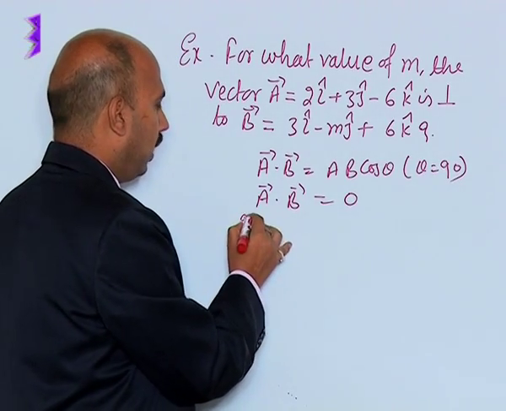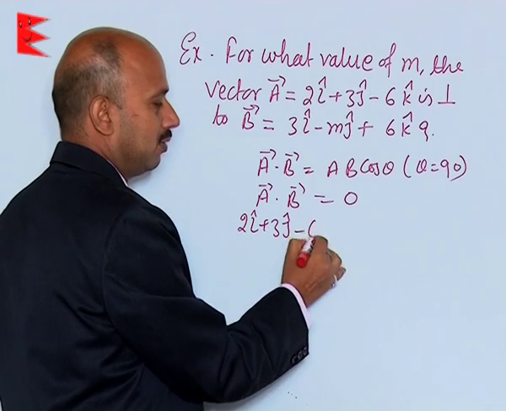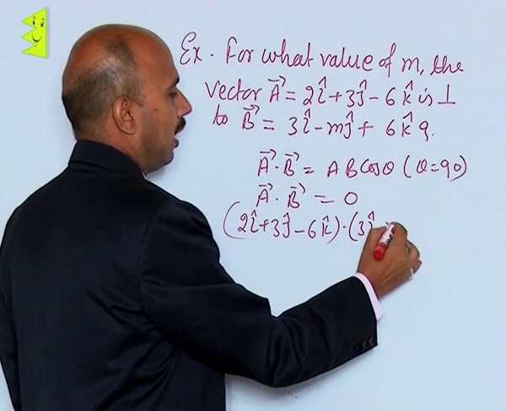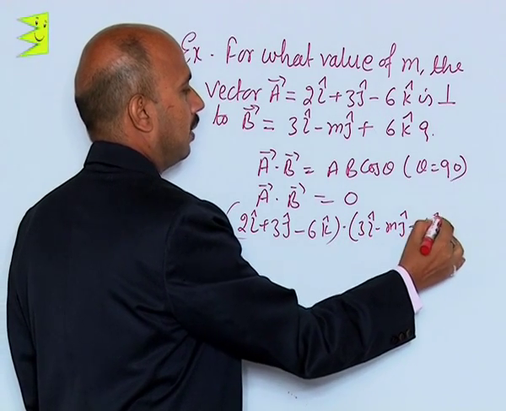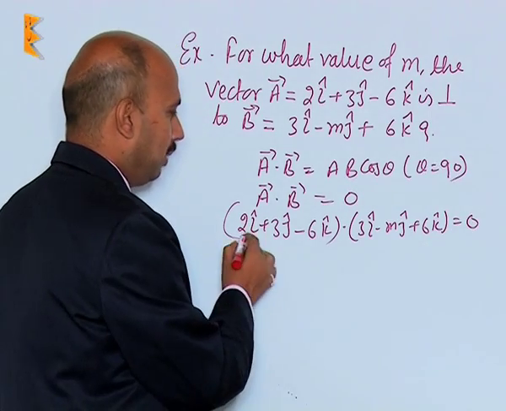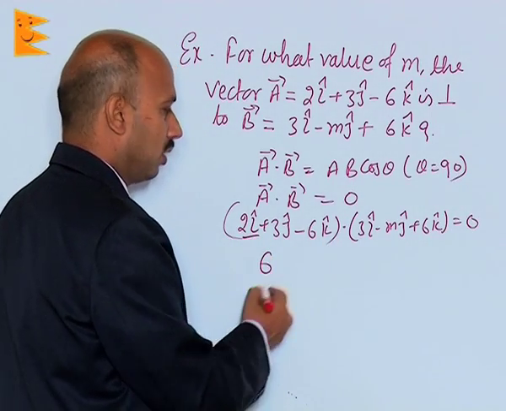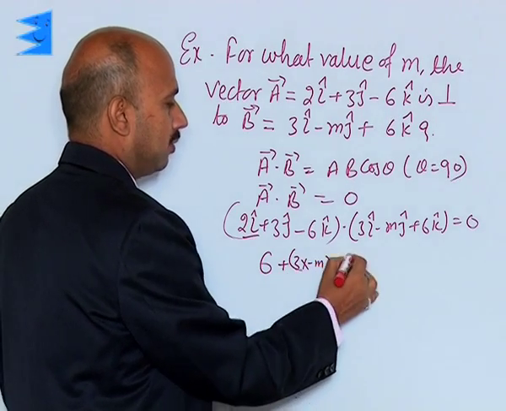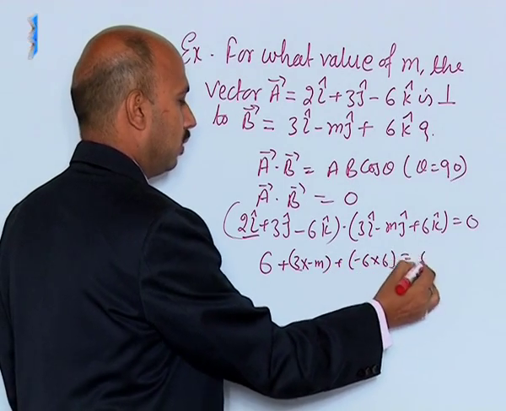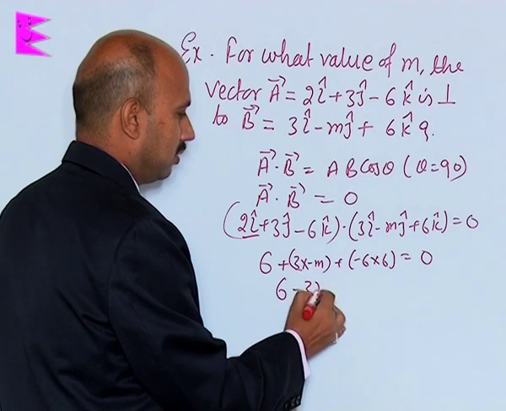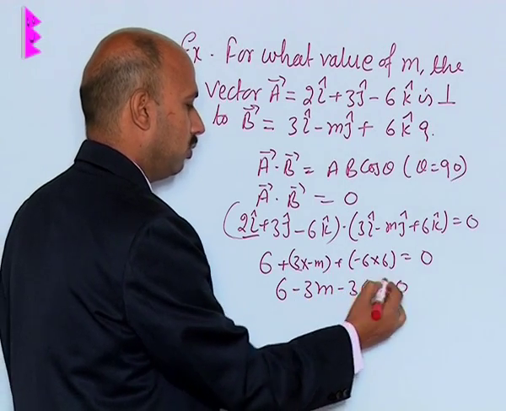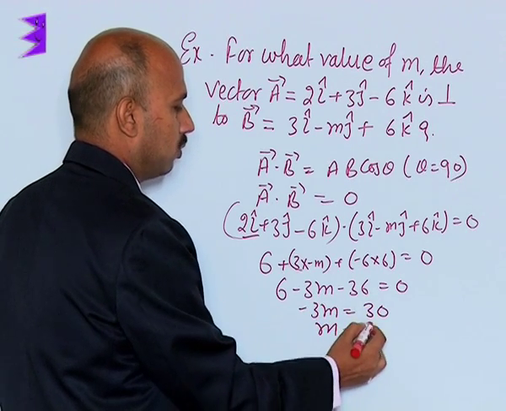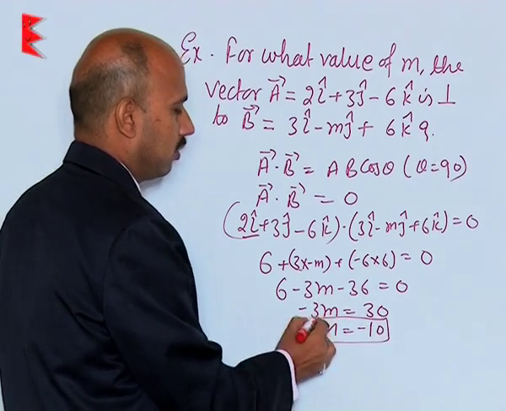So 2i plus 3j minus 6k dot 3i minus mj plus 6k is equal to 0. Multiplying, 3 into 2 is 6, plus 3 into minus m, plus minus 6 into 6, is equal to 0. That is 6 minus 3m minus 36 is equal to 0. So minus 3m is equal to 30, and m is equal to minus 10. This is the answer.